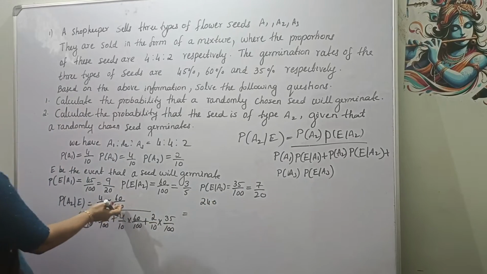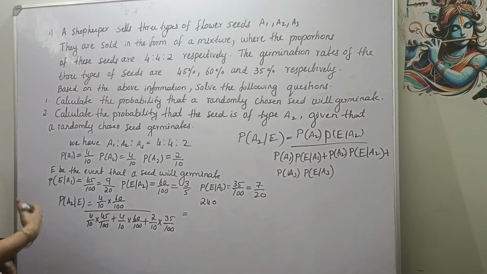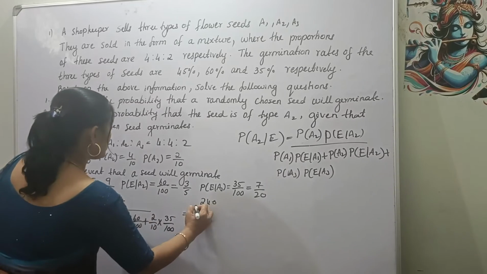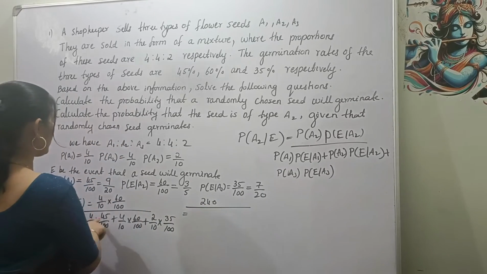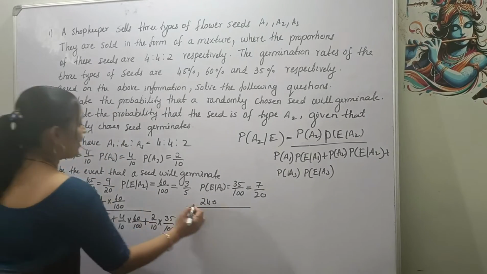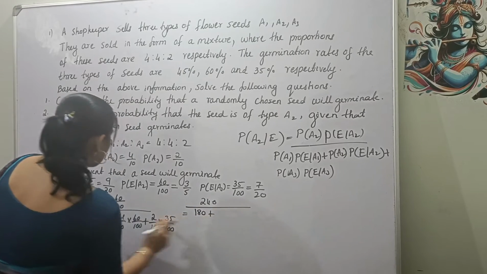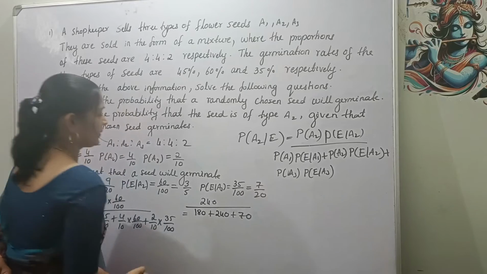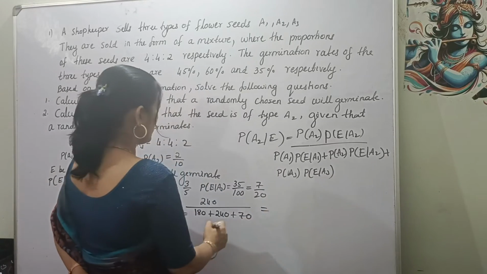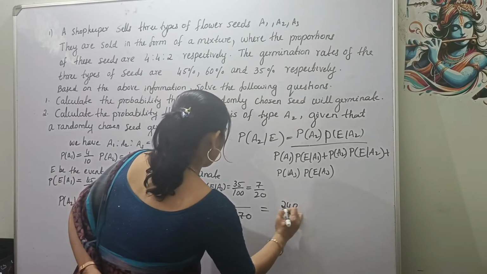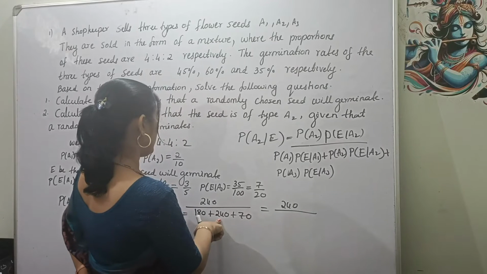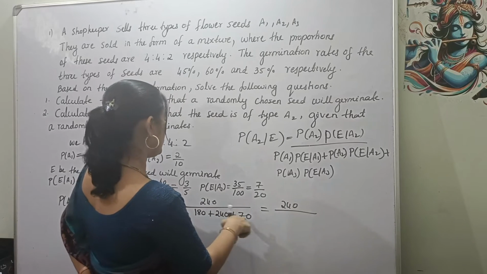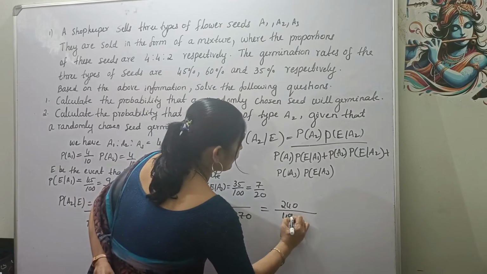See here, 100 into 10 in numerator and denominator, that is 1000, is cancelled. So the remaining is 240 divided by 180 plus 240 plus 70, that is 240 divided by 490, right?